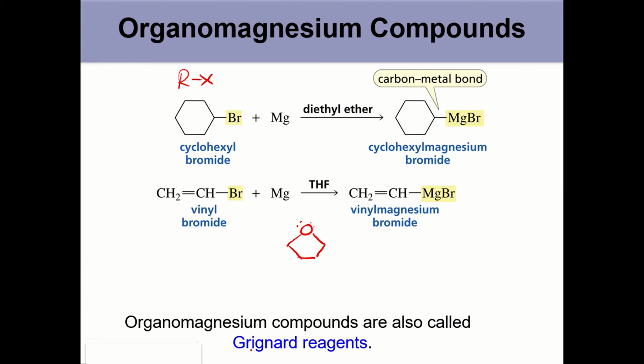Now this discovery of the Grignard reagent, or the organomagnesium compounds, is actually a Nobel Prize winning finding. It has opened a new window to perform many different organic syntheses.